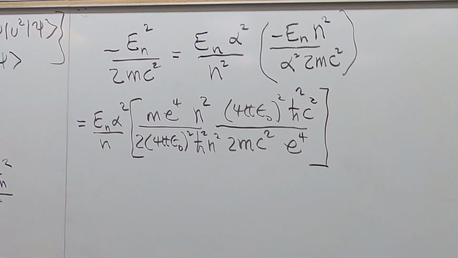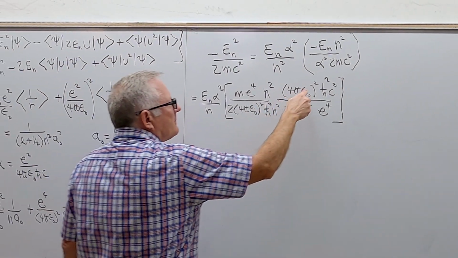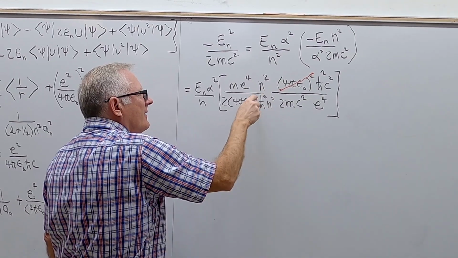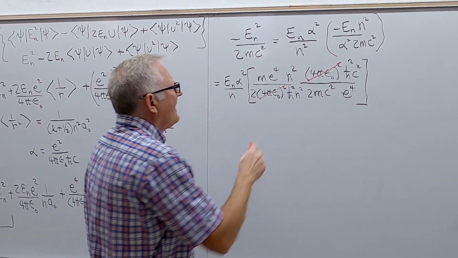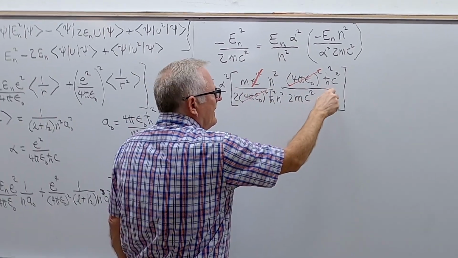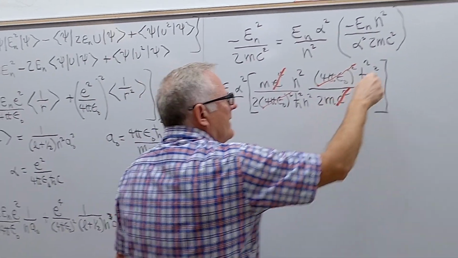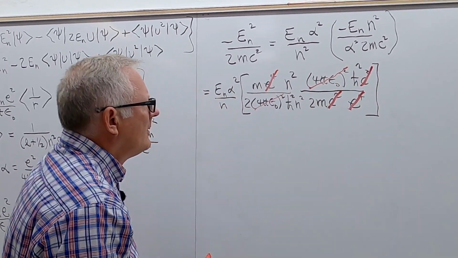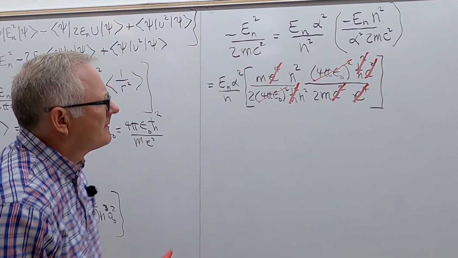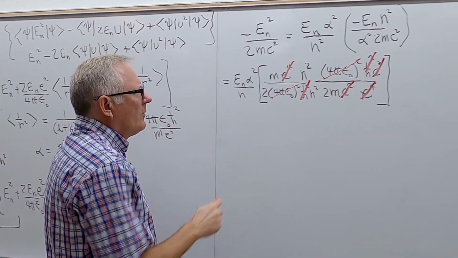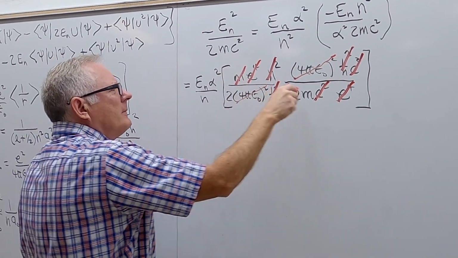Okay, now let me see if I can cancel any terms here. Well, there's a 4 pi epsilon naught squared. I can cancel with that 4 pi epsilon naught squared. We get an e to the fourth, a c squared, an h bar squared, an n squared and an n squared, an m and an m.